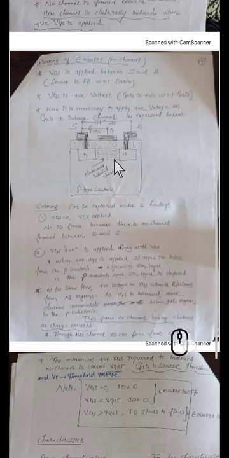Now no ID is flowing. Though the electrons are going to get repelled from this end, they are not going to reach this end and not going to complete the circuit because of the absence of the channel in between. Hope you understand this. As there was no channel here, electrons cannot pass from this end to this end.